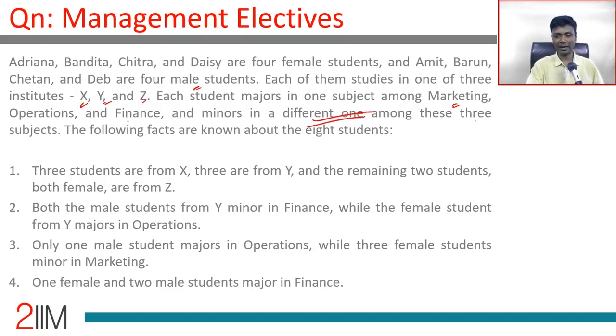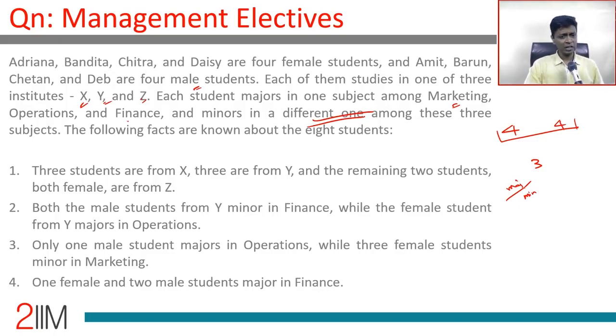So you cannot major and minor in the same subject among these 3 subjects. The following facts are known about the 8 students. So we're going to have 4 male students, 4 female students, 8 students in 3 institutes, each majoring and minoring in different ones of these 3 subjects. That's what we're looking to complete the grid about.